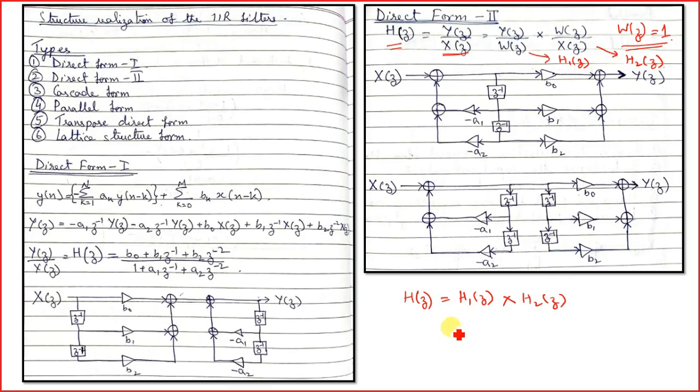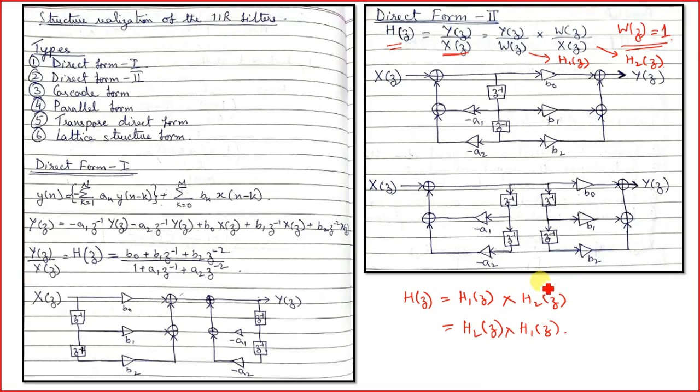Then we have said that it has a commutative property. So we can write Hz is equal to H2z multiplied by H1z. In this fashion we have discussed.